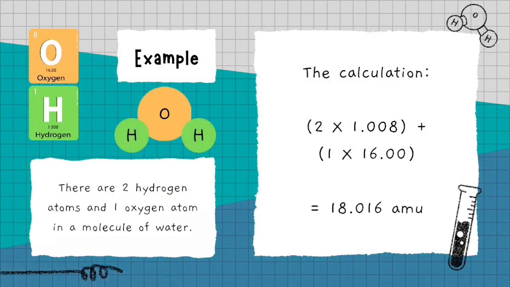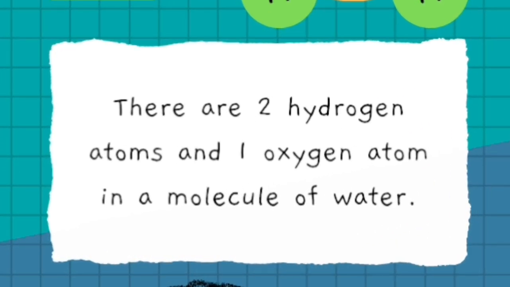Alright, let's have this example. There are 2 hydrogen atoms and 1 oxygen atom in a molecule of water.